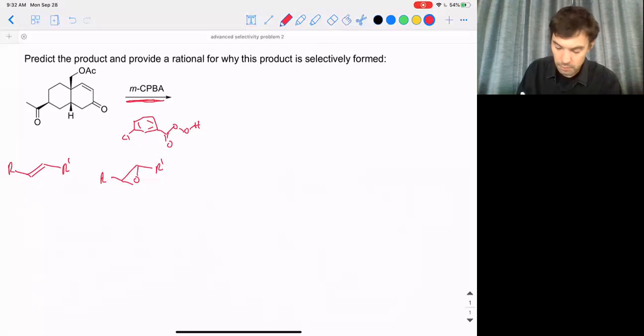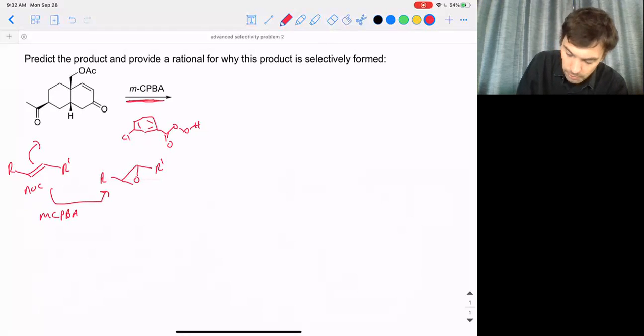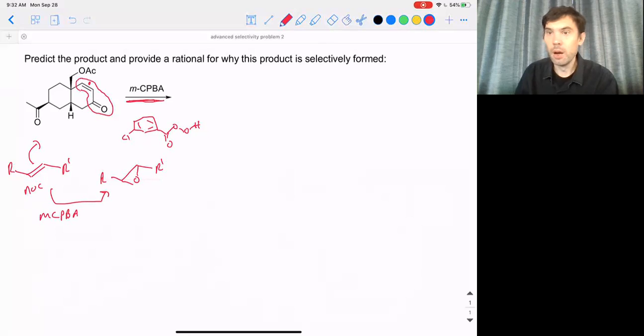And so that is our most common reagent. Now, the hiccup with that is for this reaction to work, we need the alkene to be a nucleophilic alkene. And so if you look up here, there is an alkene, but if we look a little bit further, that alkene is contained in an alpha beta unsaturated ketone. And so remember that ketone is electron withdrawing.